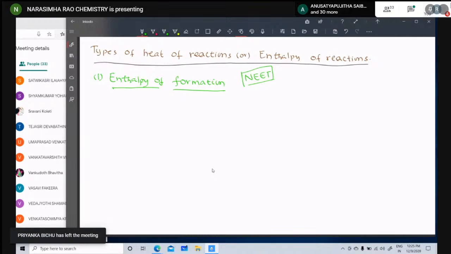Before going to the discussion of this one, 2 to 3 times I have to explain the definition. What is the enthalpy of formation of reaction?